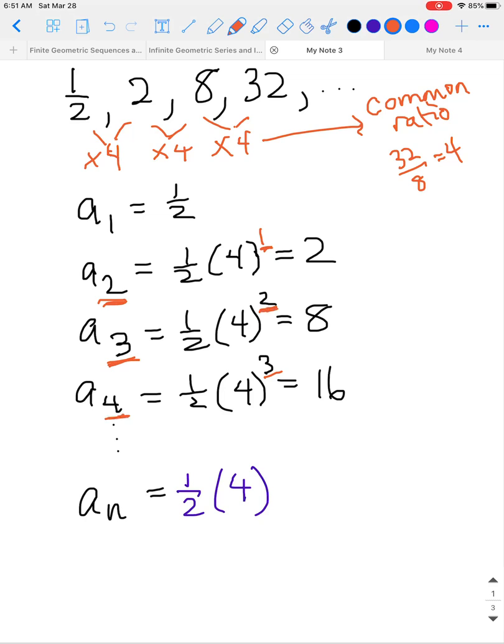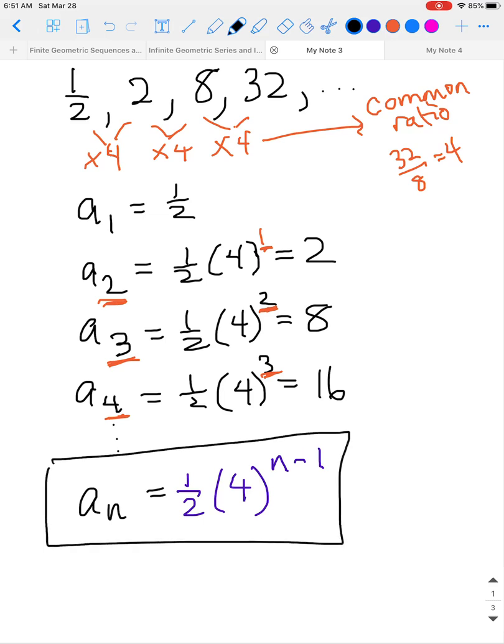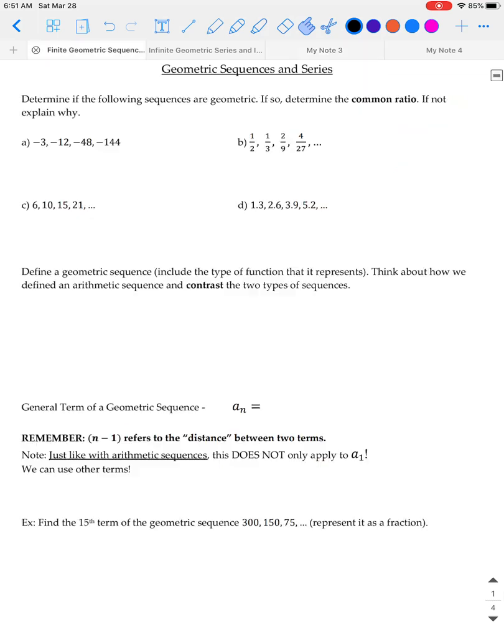A sub 3, I'm going to multiply by 4 2 times, and a sub 4, I'm going to multiply 3 times. So in general then, for a sub n, it's going to equal 1/2 times 4 to the n minus 1. And there's no real way that we have to necessarily rewrite it like we do with the arithmetic sequence. So that would be our general expression for our geometric sequence.